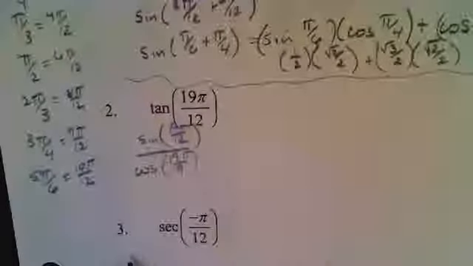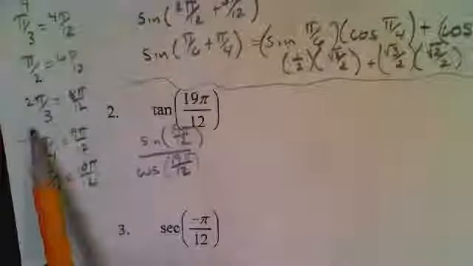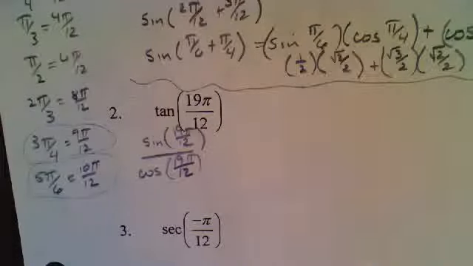When I look at this one, I want to know two things that add up to 19 pi over 12. That's a 12 again. Good thing I have an eraser. 19 pi over 12. And I see that if I add these two up, I could get 19 pi over 12. So I'm going to rewrite this as 9 pi over 12 plus 10 pi over 12.